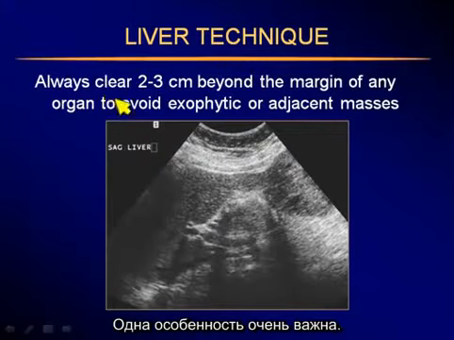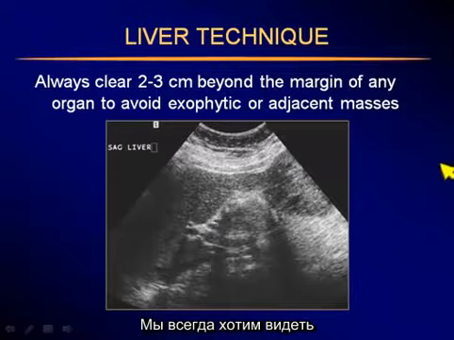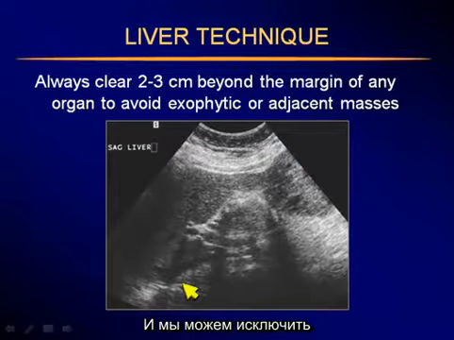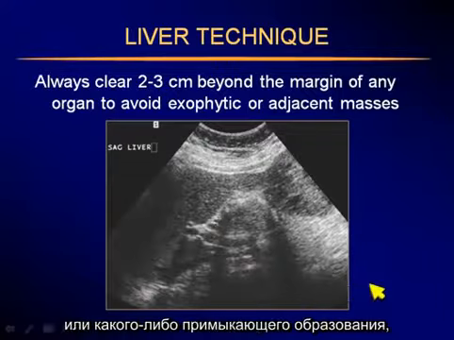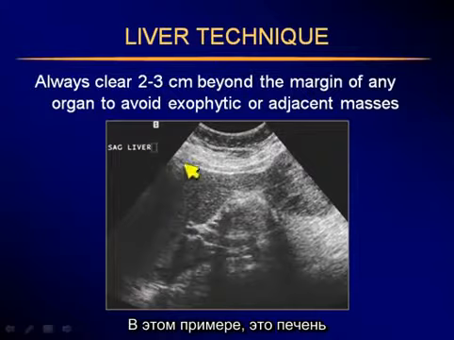One thing that's very important, and this is important for all structures that we image in ultrasound, we always want to be able to see at least 2 to 3 centimeters beyond the margin of any organ so that we can exclude possibility of any exophytic masses or any kind of adjacent masses that can affect the organ. In this case here, this is the liver.